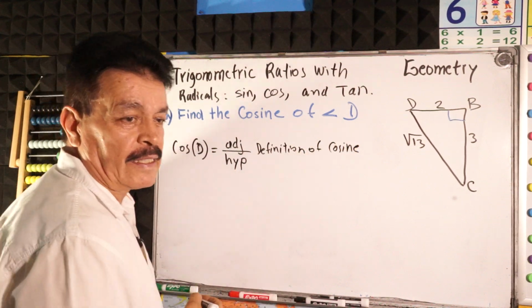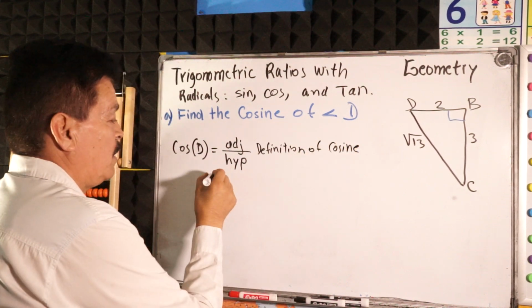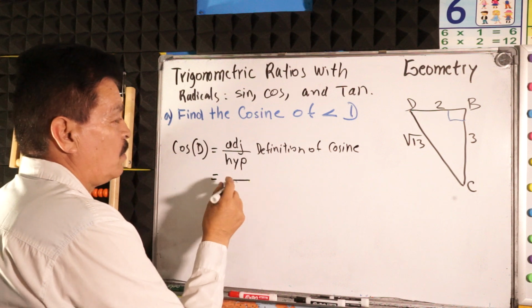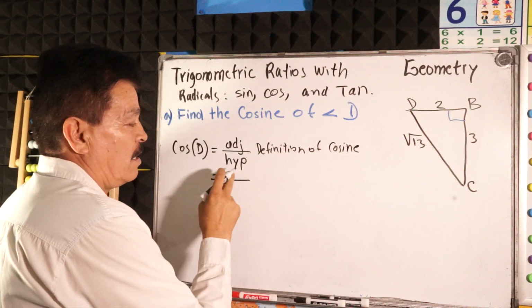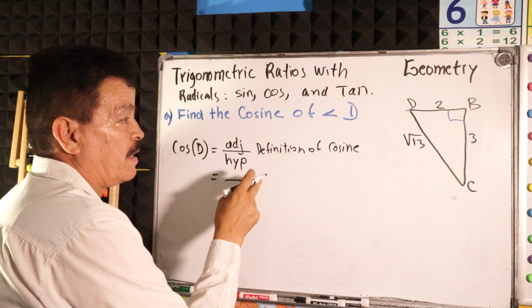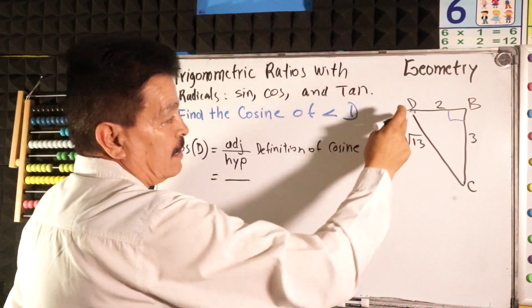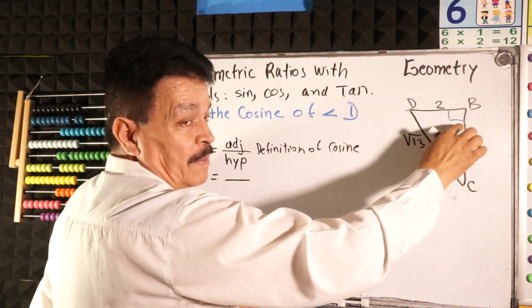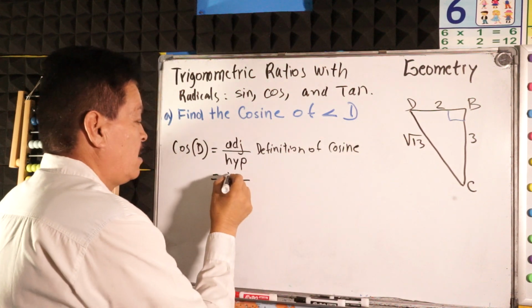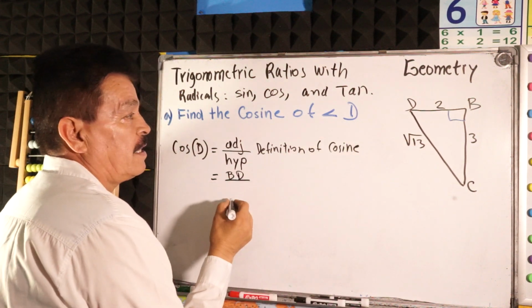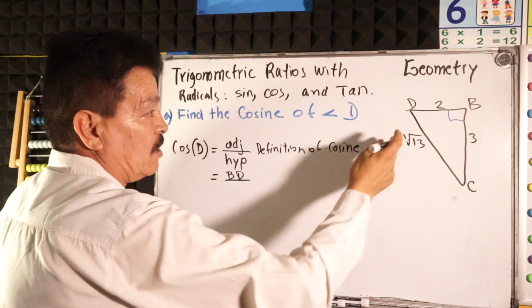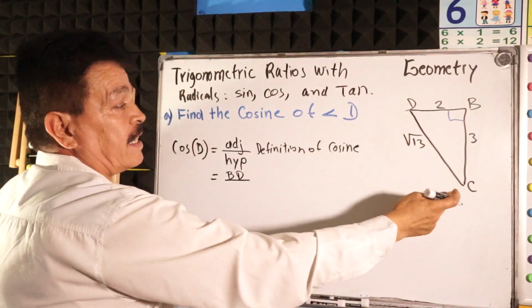Okay, next step, substitute. We have to substitute the letters. On top we have the adjacent side. Where is the adjacent side? It is BD or DB, so BD, divided by the hypotenuse. The hypotenuse is CD.